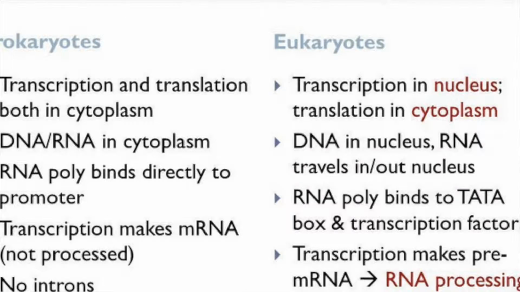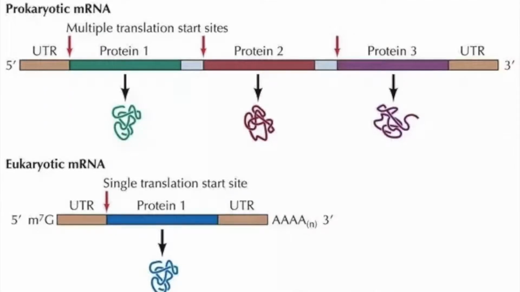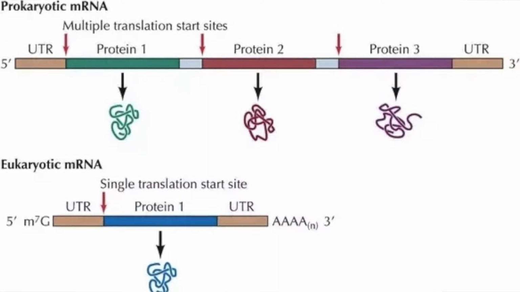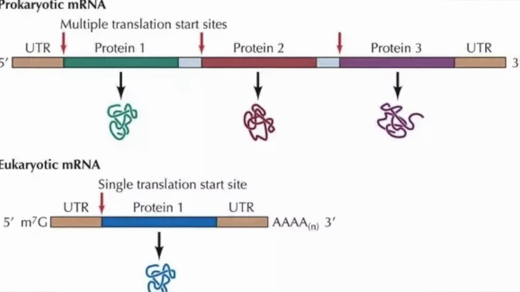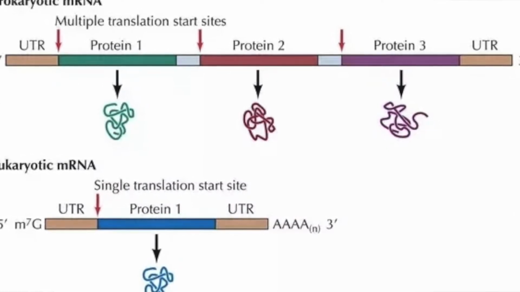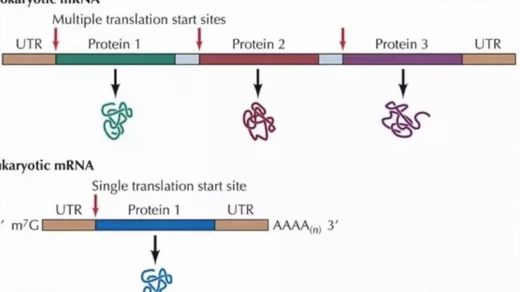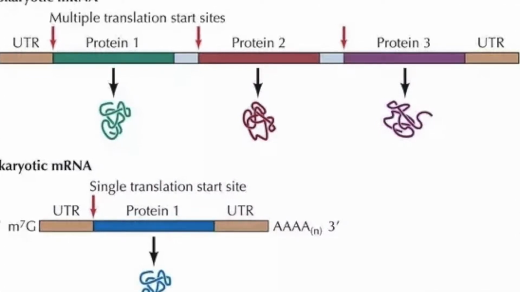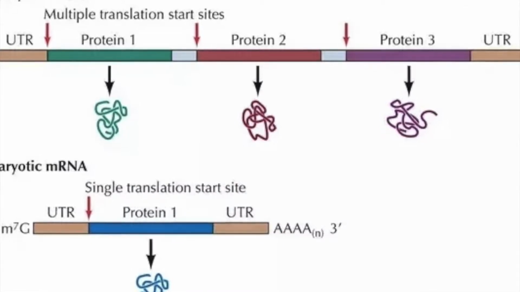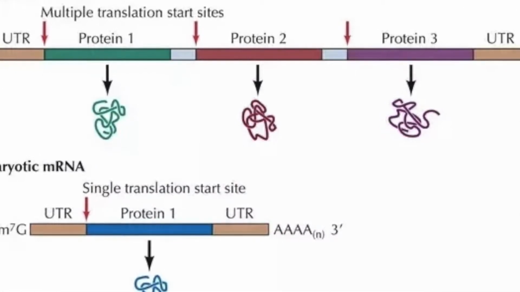The third difference is that prokaryotic mRNA can be polycistronic, which means it can synthesize multiple messages at the same time, while some are monocistronic. Eukaryotic mRNA is usually monocistronic.